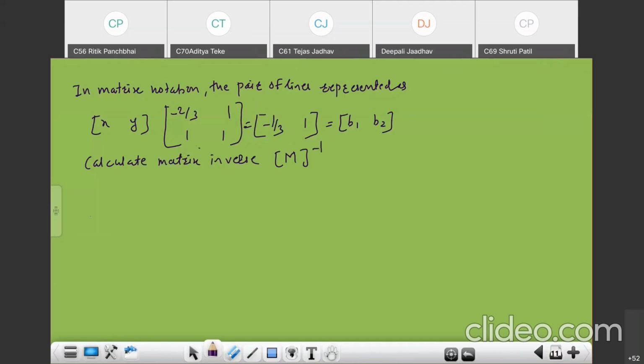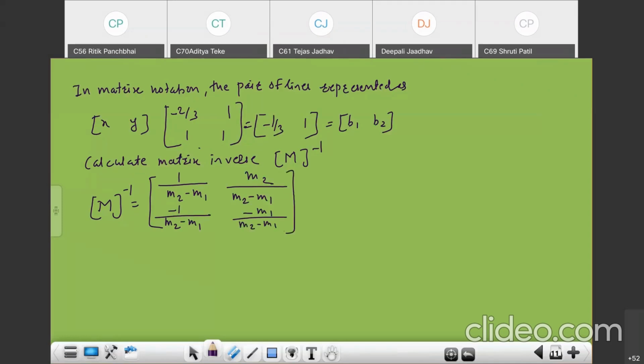We have already seen how to find the inverse, and already we have calculated: m2 divided by m2 minus m1, then minus 1 divided by m2 minus m1, and minus m1 divided by m2 minus m1.